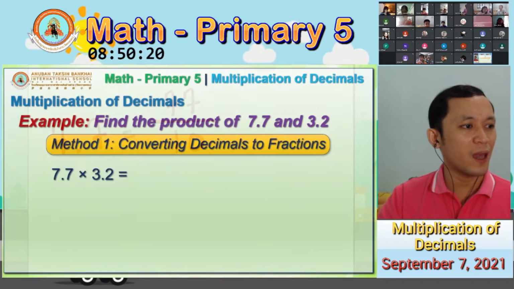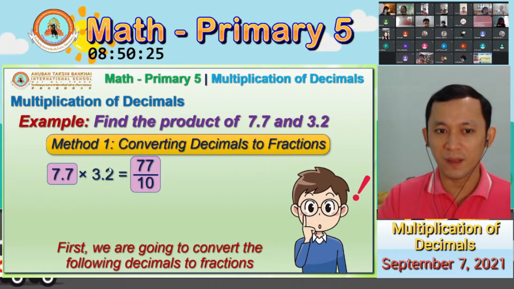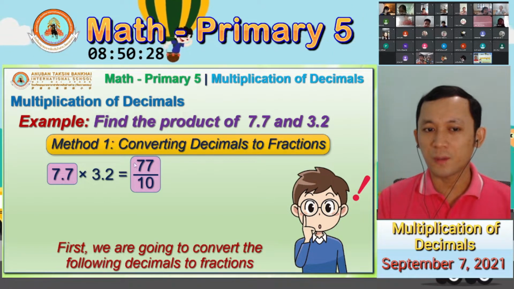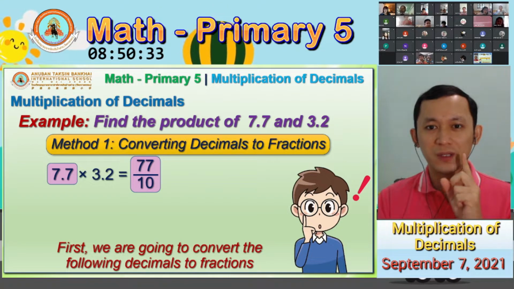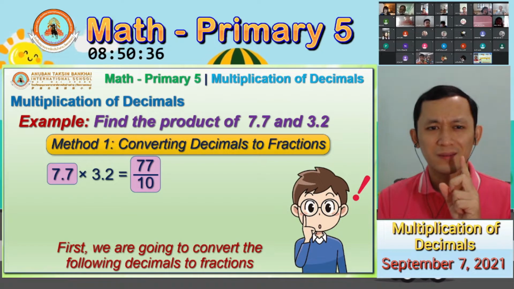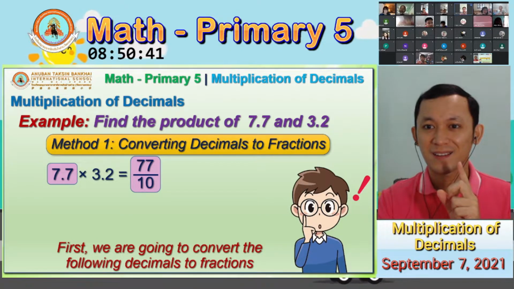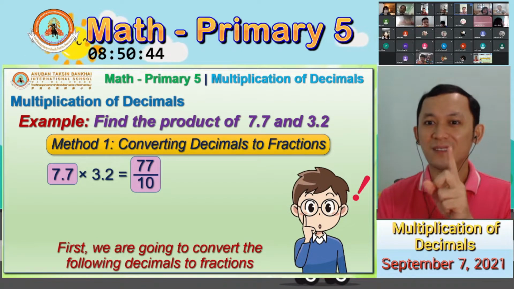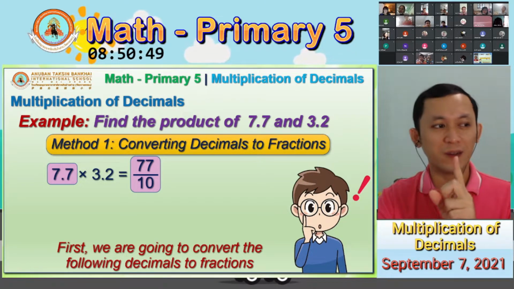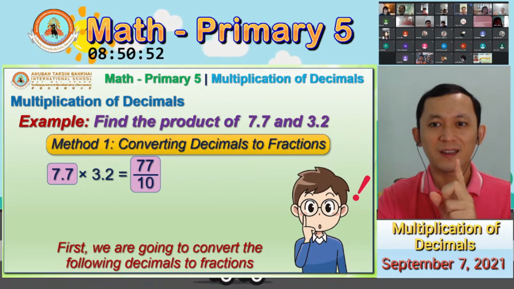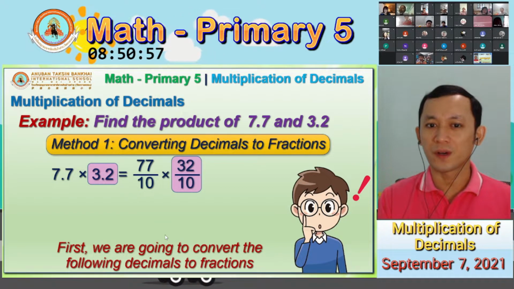So here we have 77 over 10. How about 3.2? What's that in fraction? 3.2, change it to a fraction. 32 over 10. Very good. So we have 32 over 10.